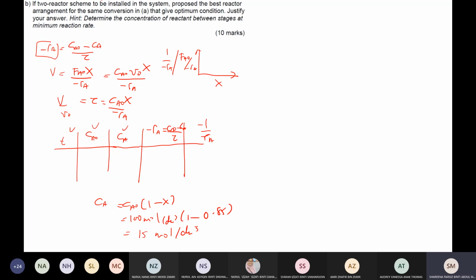Sekarang ni you kena tengok mana satu okey, CSTR ataupun PFR. So you can cari tau in terms of tau. Daripada situ remember kalau CSTR adalah area of the rectangle, kalau PFR adalah area under the curve. So you construct.